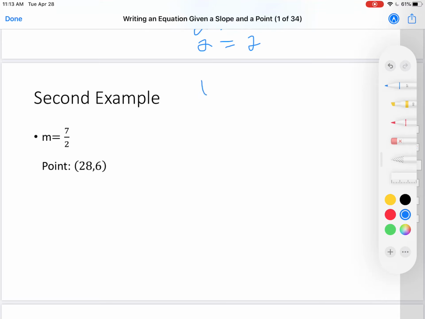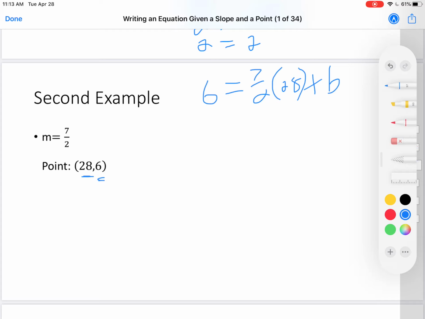So first thing you want to do is write down y equals 7/2 x plus b. Second thing you want to do is erase y and replace it with the y value, which in this case is 6. Next thing you want to do is erase x and replace it with the x value, which is 28. And you need to put it in parentheses just so it doesn't look confusing.